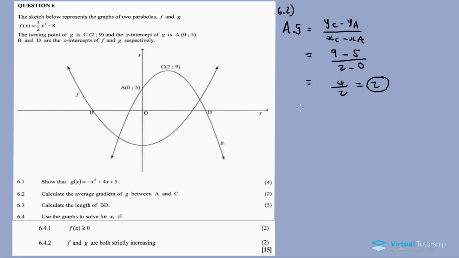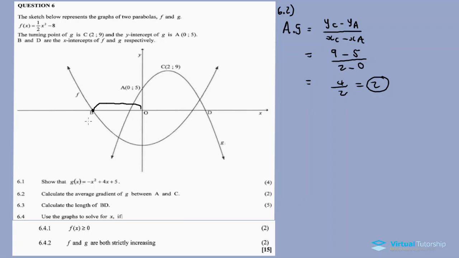Okay. So what do we do? We want BD, the length BD. Check now. B is the x-intercept for f, which is the distance from 0 to this point.